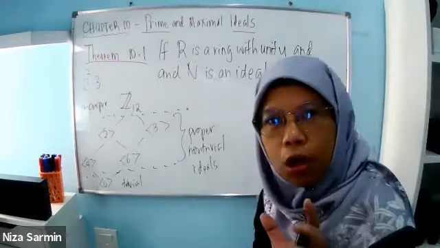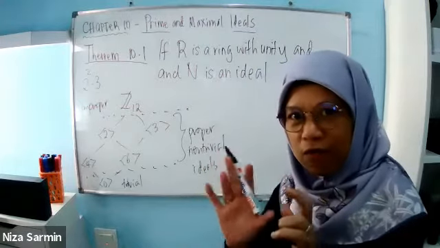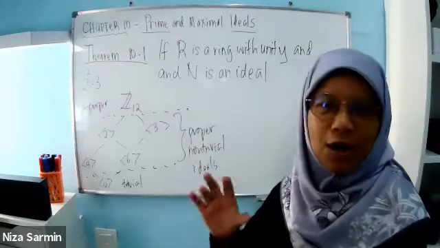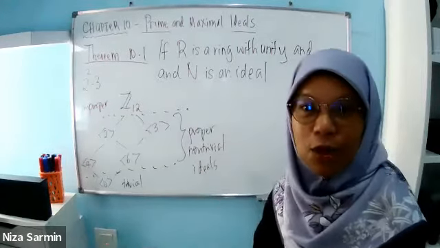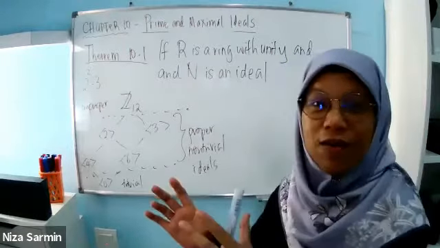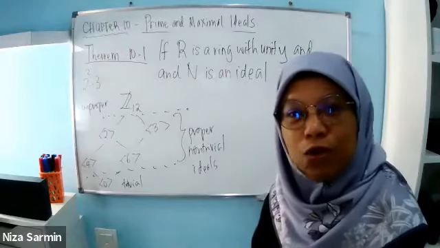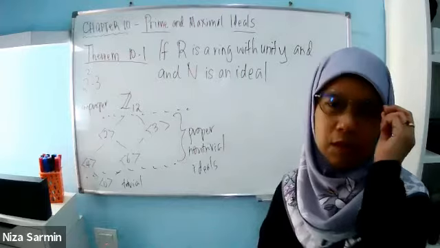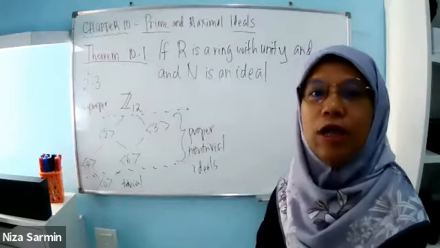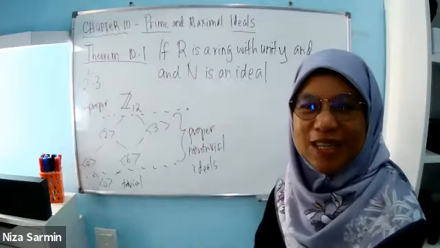Because not all rings have a unity. So if you are given something like this, you think why they give you that? Because not all rings have unity. Like the even numbers, they are a ring, but they don't have a unity. There is no one in the even numbers, but it is a ring. For odd numbers, it has one, but it is not a ring because the 0 is not there.